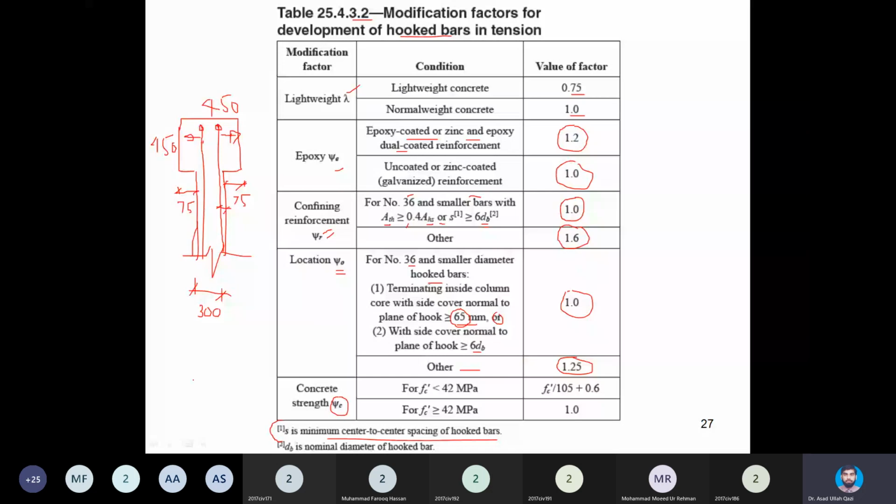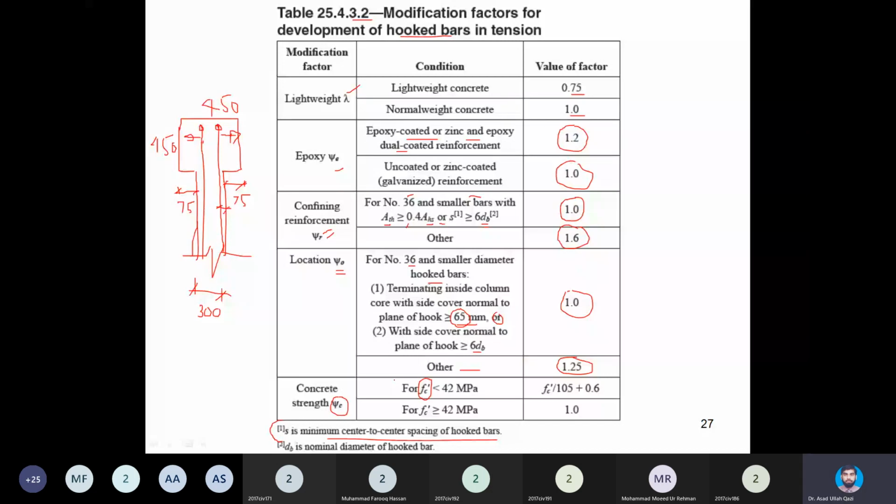I was discussing this factor with section B, and I was a little astonished, because the general concept is that when you have a less strong concrete grade, you get an enhancement of LDH, because this is the latest introduced modification factor in ACI 2019.